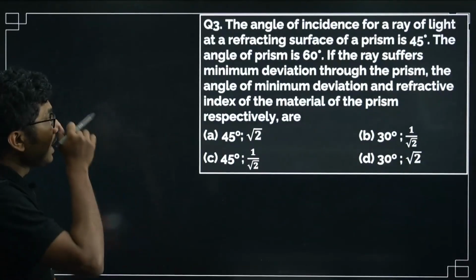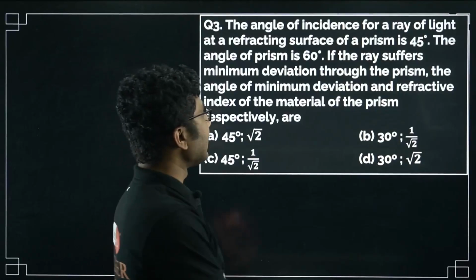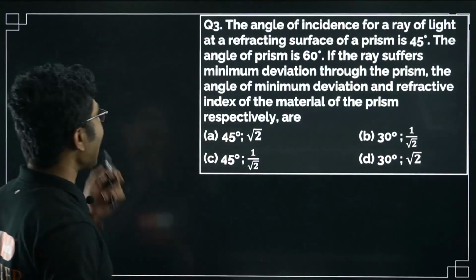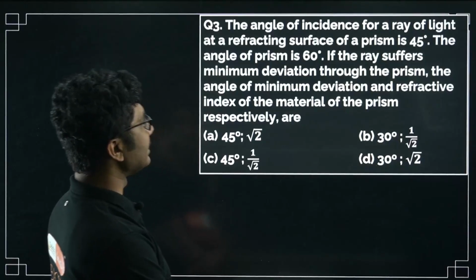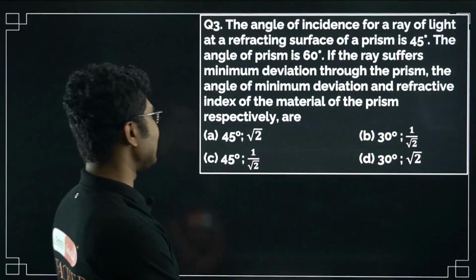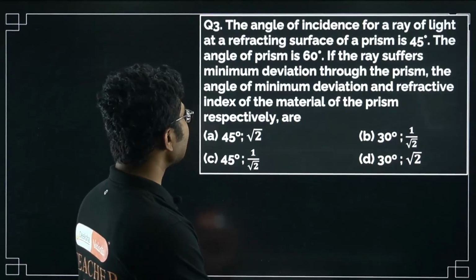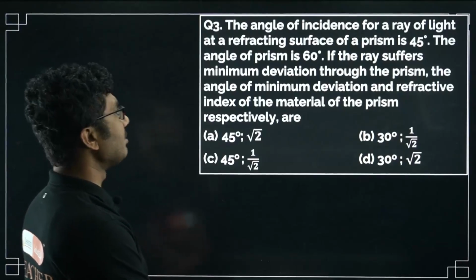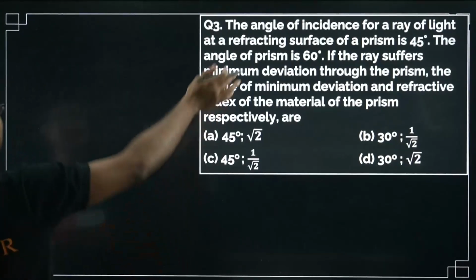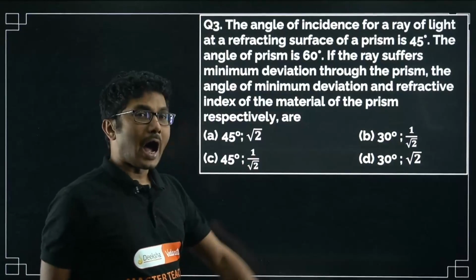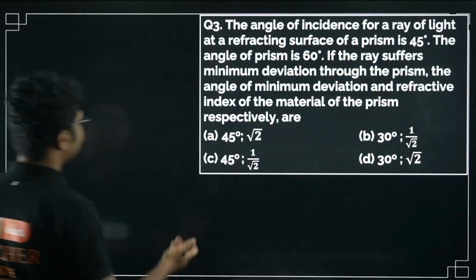Next question. The angle of incidence for a ray of light at a refracting surface of a prism is 45 degrees. The angle of prism is 60 degrees. If the ray suffers minimum deviation through the prism, find the angle of minimum deviation and the refractive index. Now this question we will solve half and half guess.